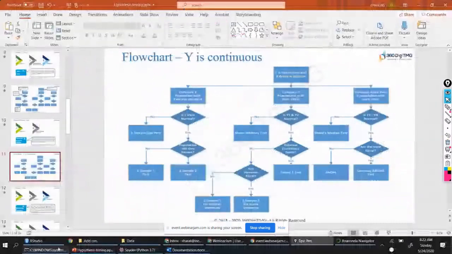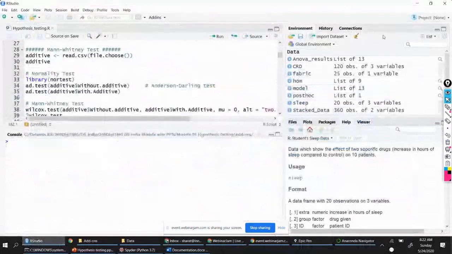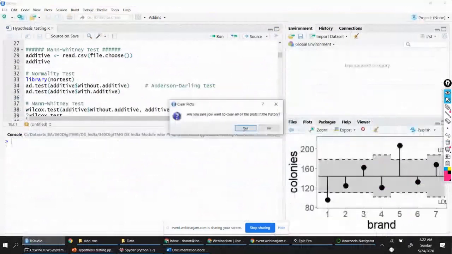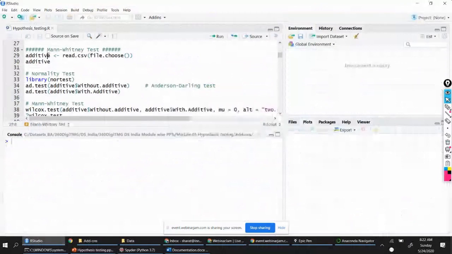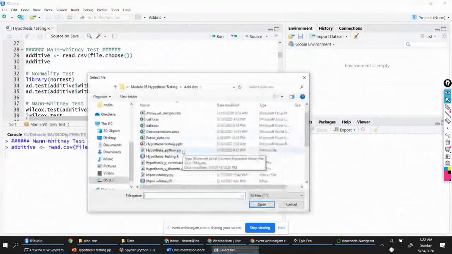So let me erase all this. All right. So I'm going to load the data set here.